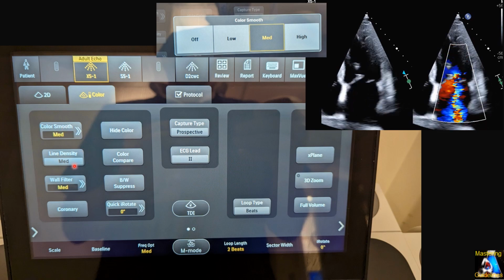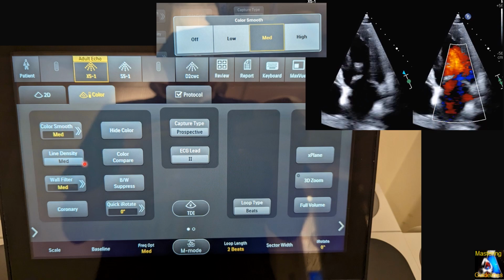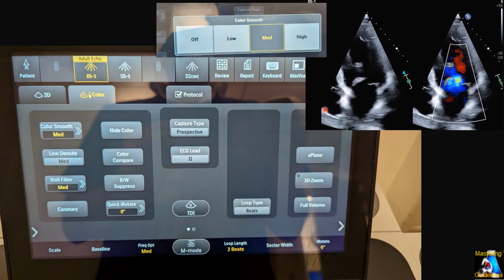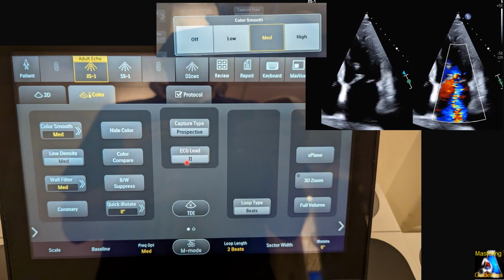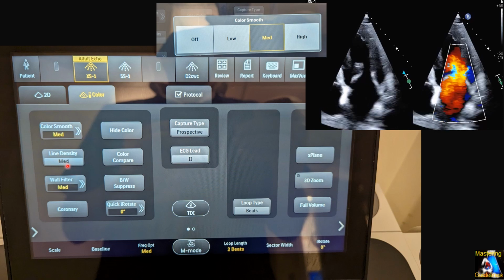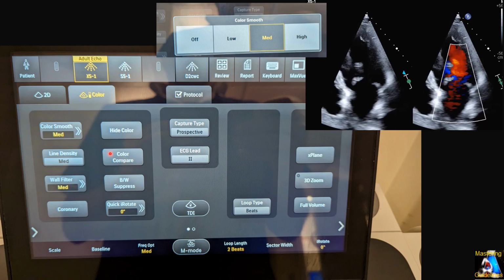So if you want to see better color Doppler and not lose quality, especially frame rate, you have to adjust those other parameters, including sector width and color box width, all of them, and increase frame rate too. That makes better images.